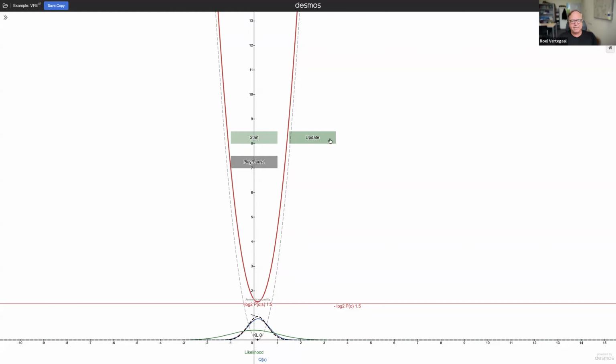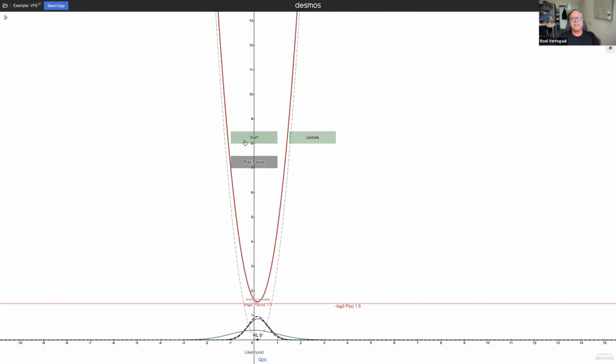I won't go into details, but what I will say is that if we look at this energy function here, the red one, we actually see that if we want to do a gradient descent on it, which is what we're doing, the actual elevation of this function on the y-axis is not all that important.